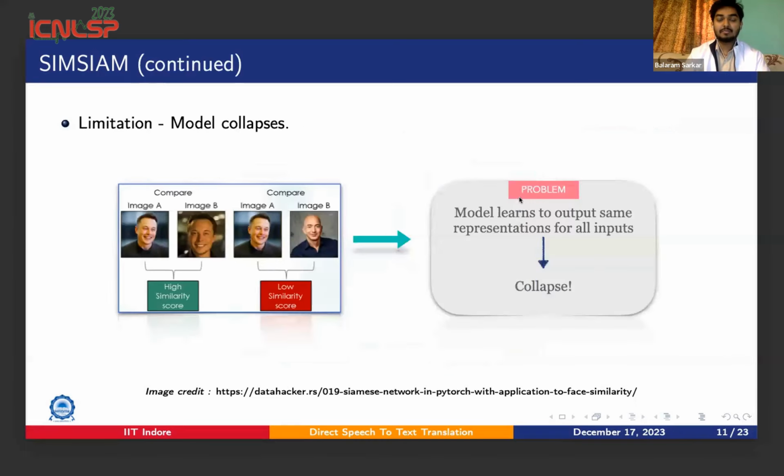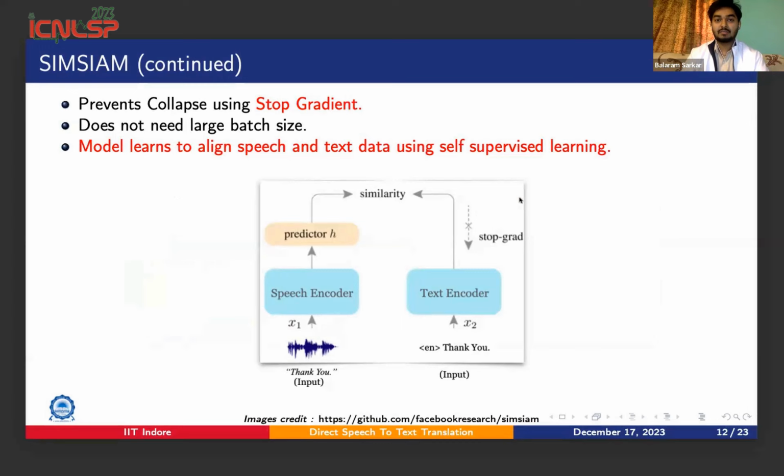It stops the gradient from one network from updating the weights of the whole system during backpropagation. This prevents the collapse, and it helps the model to learn better representations from the network which is required.